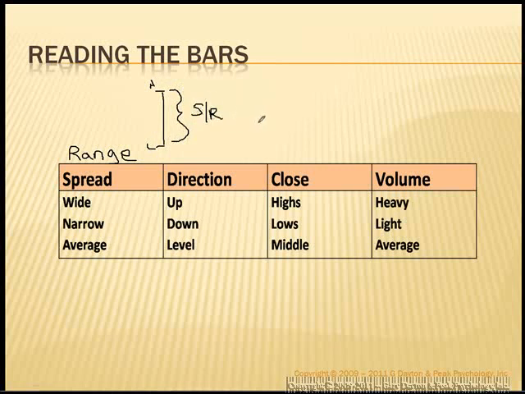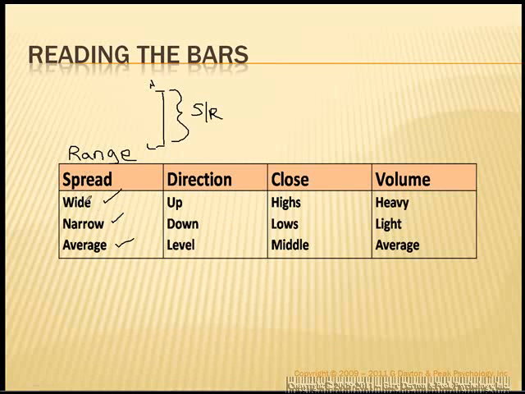And that's pretty straightforward. The spread of a price bar is the area between the high and the low of that bar. It can be a wide bar or a narrow bar or an average bar, just to make things simple.